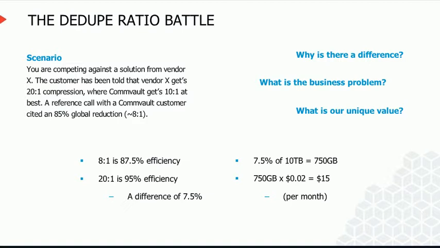With today's data sizes, what does 7.5% represent? 7.5% of 10 terabytes is 750 gigabytes, with the cost of storage from some cloud storage vendors at less than 2 cents per gigabyte per month. So for an extra few dollars of actual disk space, the customer is considering spending tens of thousands of dollars on a box and on maintenance, that will compress the data and allow for long retention times.